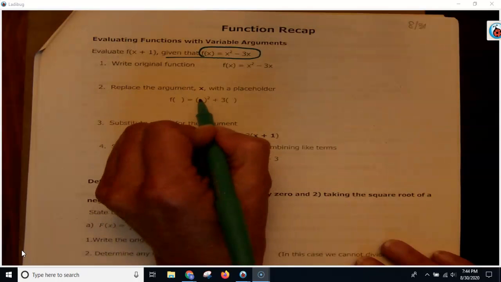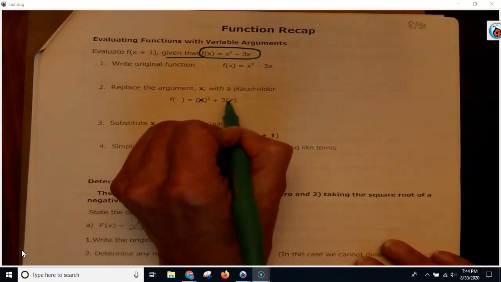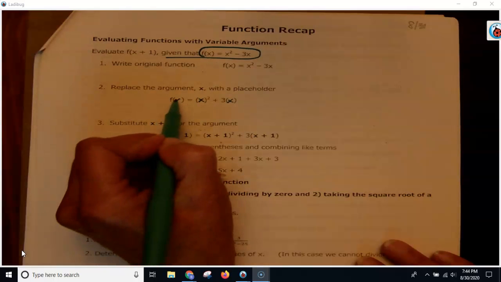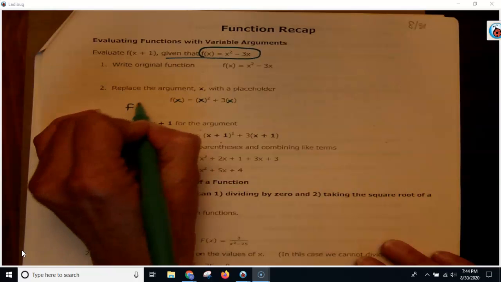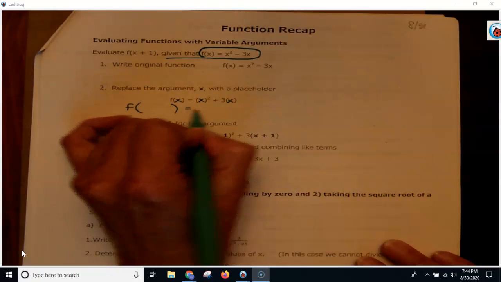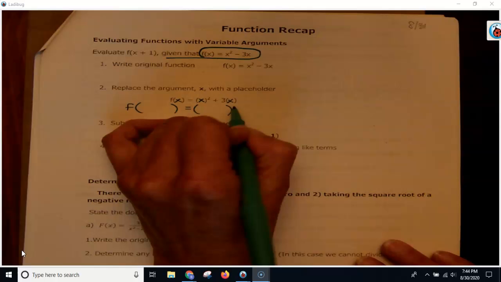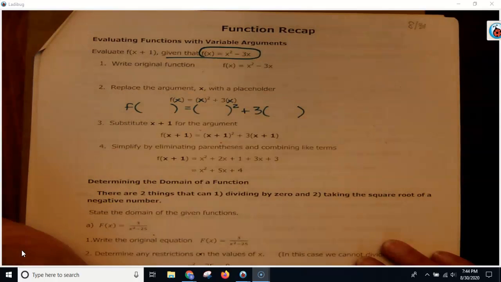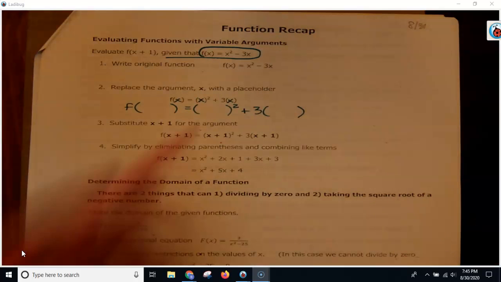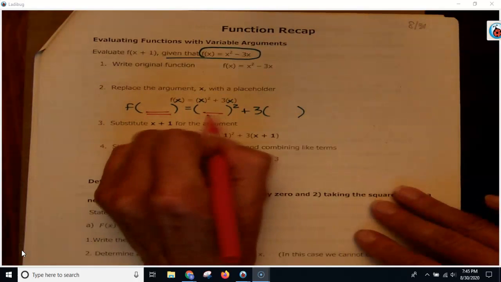So if you notice, this was originally x squared, f of x equals that. You're going to replace this, so I'm going to do it kind of big. Go big or go home, like this. So I know something else is going to be going in here.